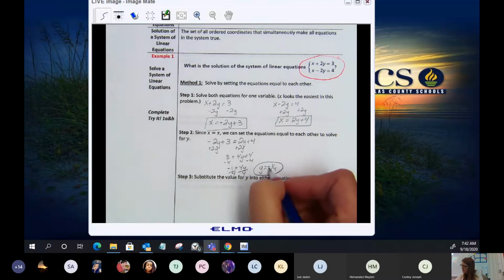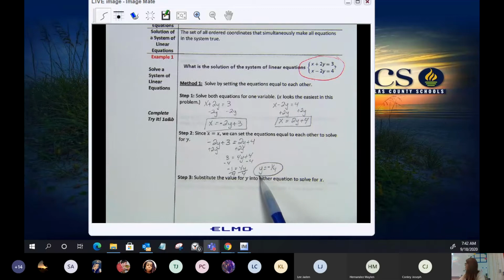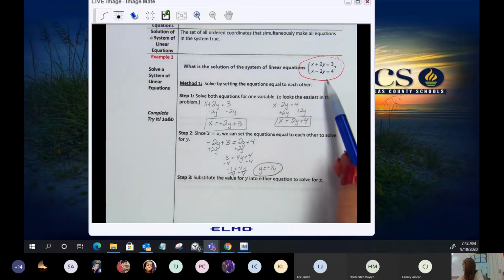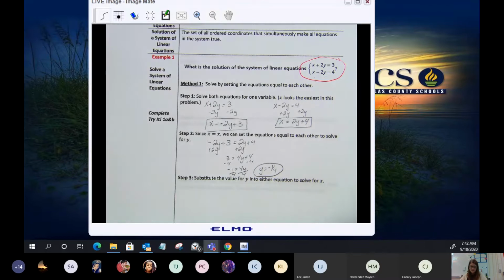I got that y value, but I need my x. But now as long as I have the value for one variable, I can come back up here. I can choose either one of these equations. It does not matter which one you choose, and plug in y equals negative 1/4, solve for x.